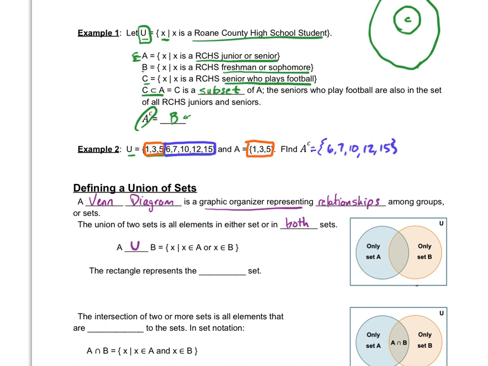So here, the union of A and B is the set of X such that X is an element of A or X is an element of B. Here we have this universal set, a combination of set A and set B, and then some places where A and B overlap or intersect.